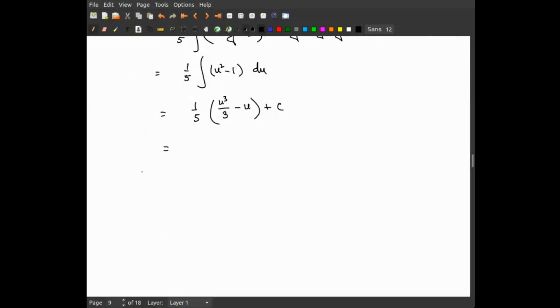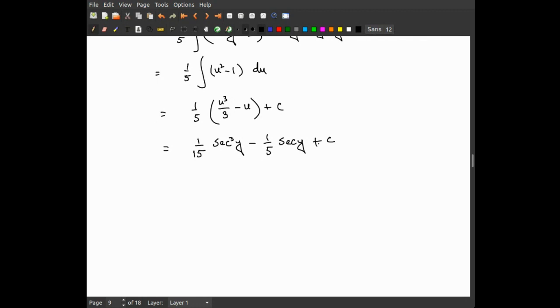But we cannot stop here because this is in u. We cannot write our answer in u. We have to go back to our x. So let's first go back to our y. So 1 over 5, or we can write 1 over 15 u cube, that will be changed into secant cube y, minus 1 over 5 u. Again, instead of u, it would be secant y, plus c.